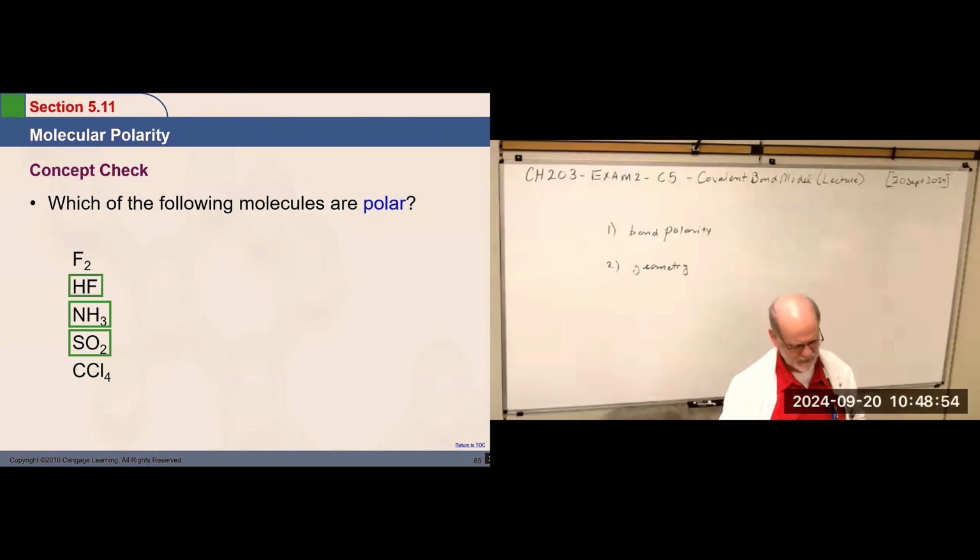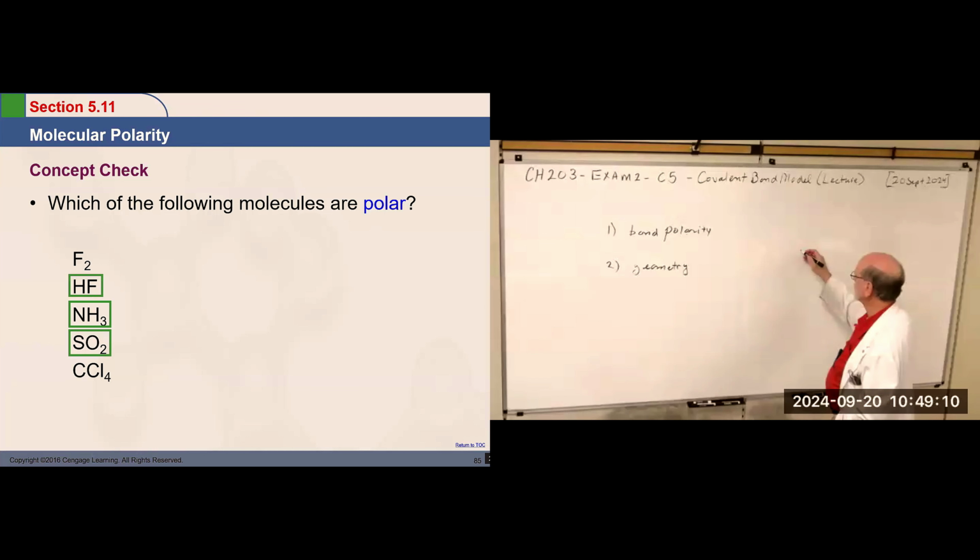Oops, wait a minute. Did I do that one right? SO2? Oh, no, I did silicon. Excuse me, silicon. SO2, we drew that one earlier, didn't we? And let's see, what is it, 18? 18, 2, 4, 6, 8, 10, 12, 14, 16.